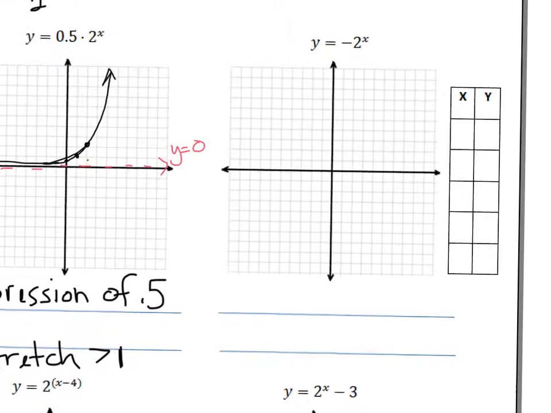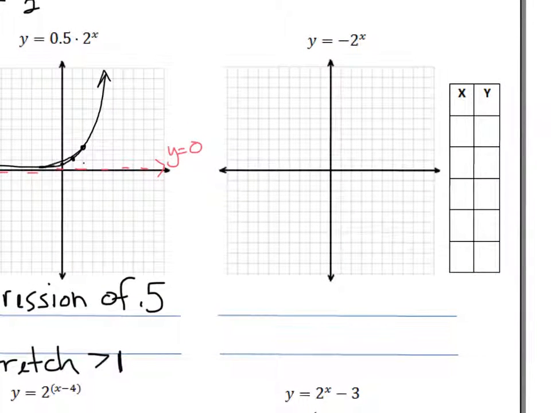Going over to the next graph, if we compare the equation to the parent function, remember your parent function for this is y equals 2 to the x. So I look at what's different from here to here, and the thing that's different is this negative sign.